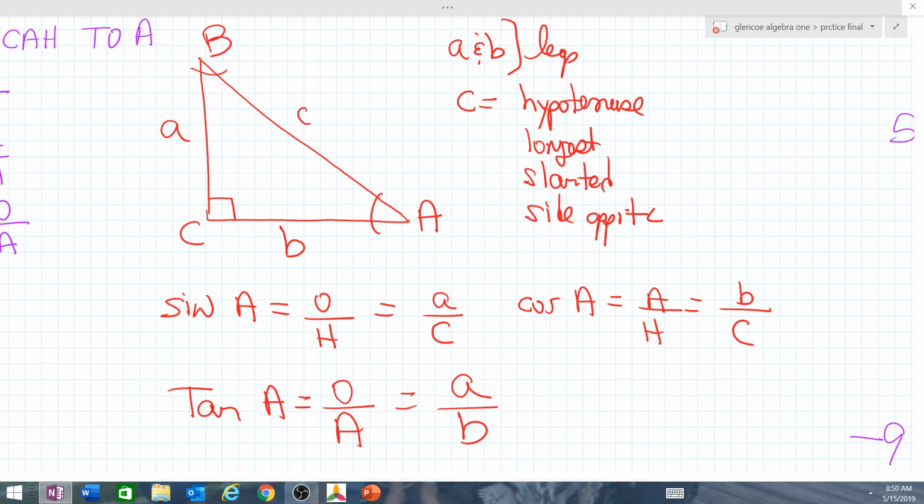Tangent is the only one that does not have hypotenuse in its trigonometric ratio, so that would deal with both legs, which typically would be side A and B. And then probably the reason you got another question similar to that is because I put the other questions on the final. So I tried very hard not to repeat a question from the practice final to the real final.